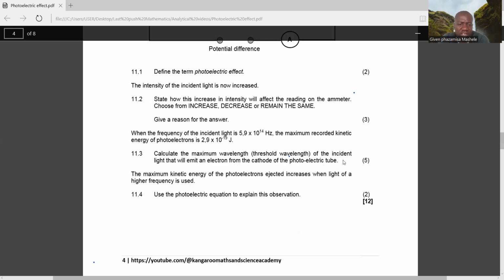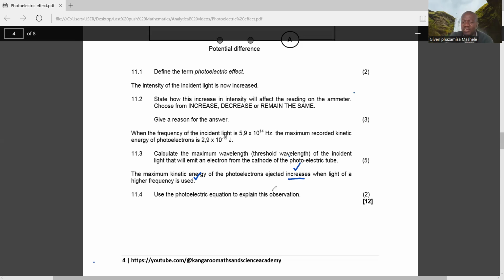Then the next one says the maximum kinetic energy of photoelectrons increases when light of higher frequency is used.